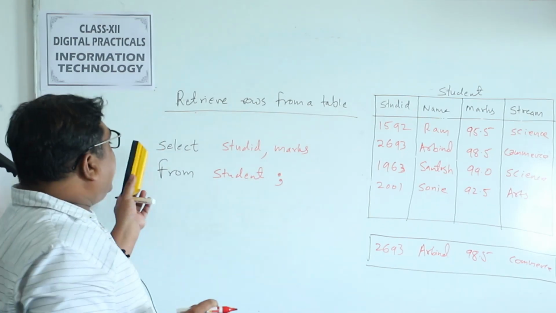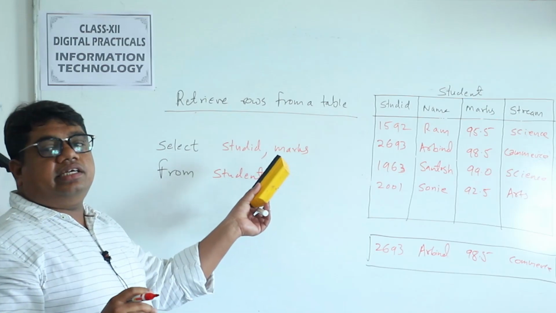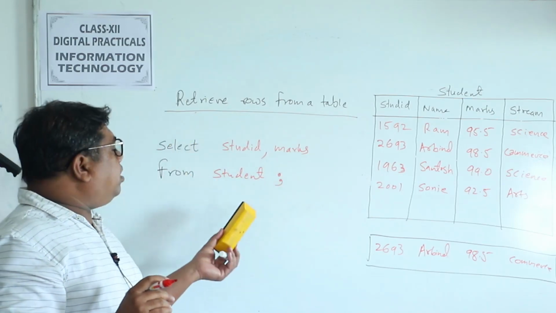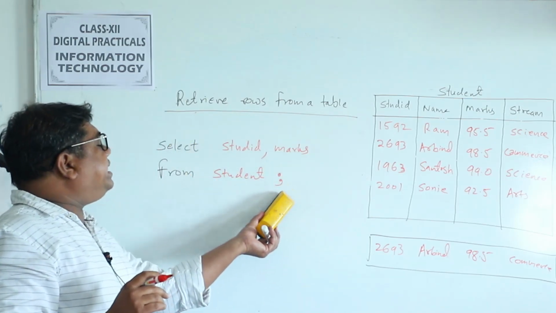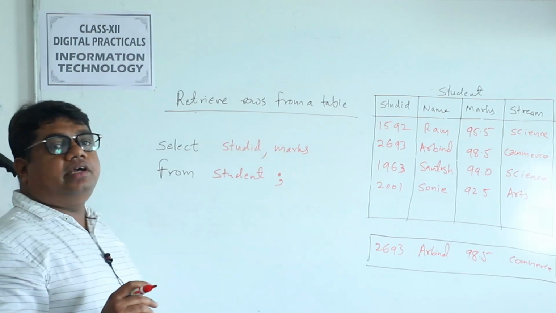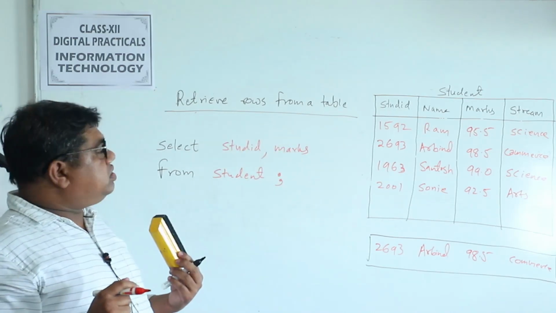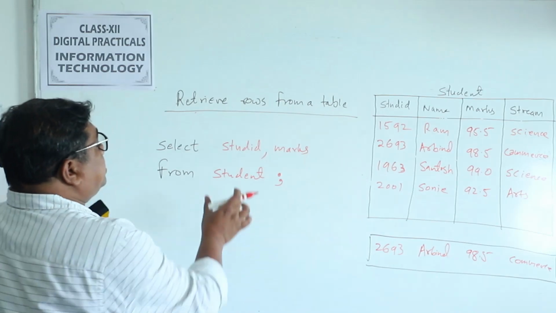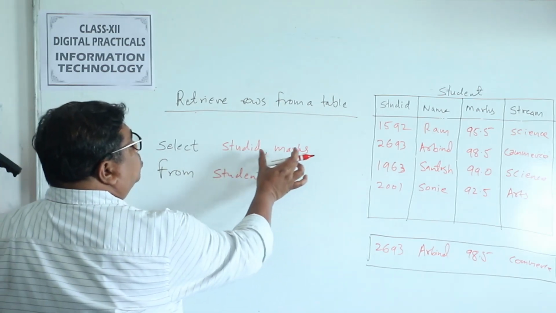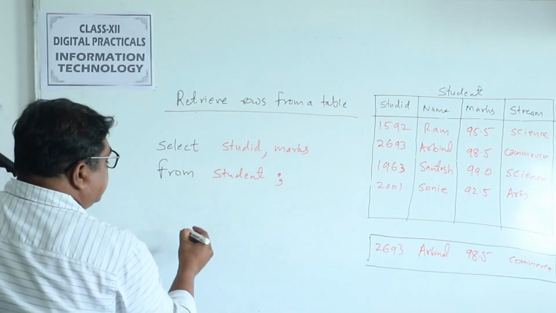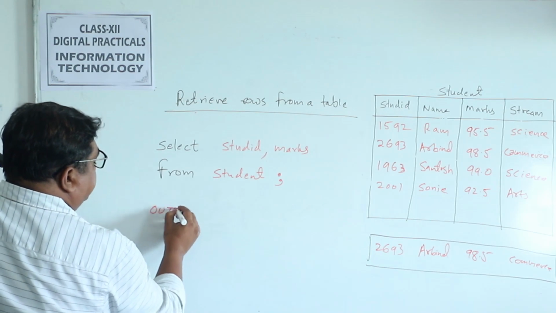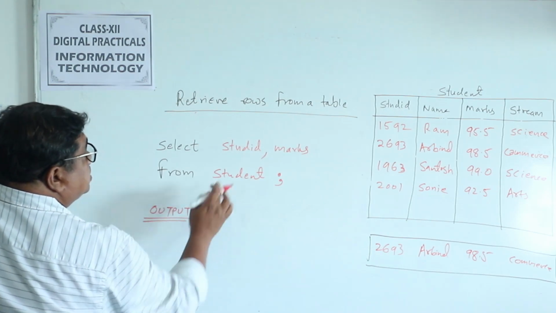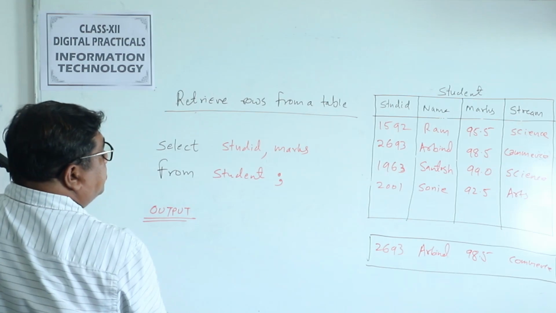So after writing this statement at the MySQL prompt, with a semicolon at the end, and pressing enter, what will be the output? It will show the column headings student ID and marks, the columns we asked for while querying.